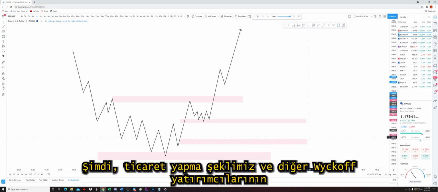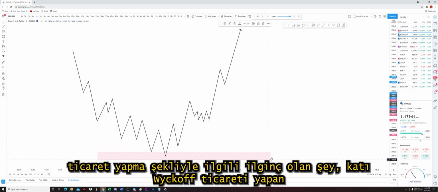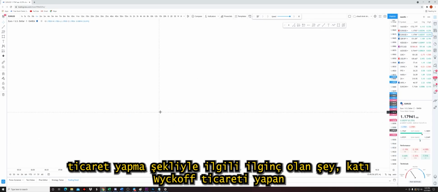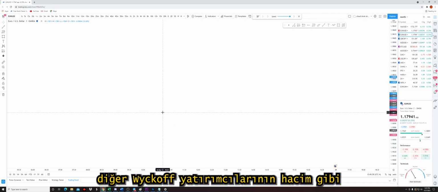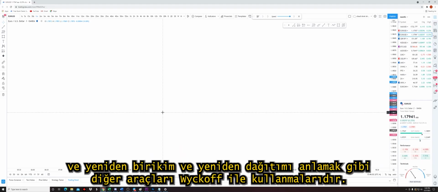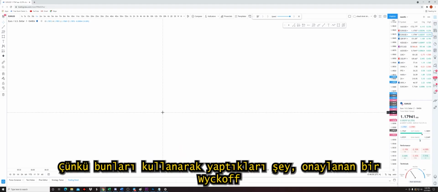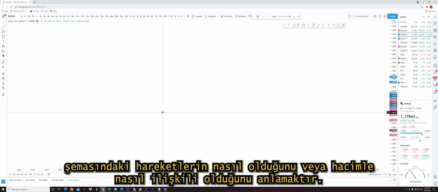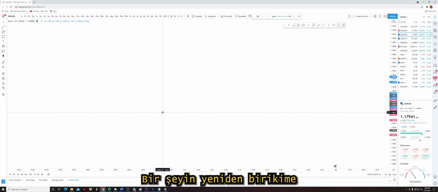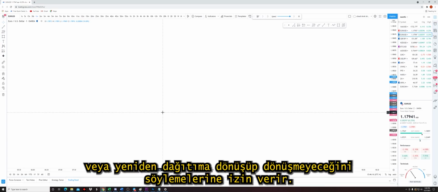Now, what's interesting about the way we trade and the way other Wyckoffians trade is that other Wyckoffians that trade strict Wyckoff use a variety of other tools with Wyckoff, like volume and like understanding reaccumulations and redistributions, because what they do using those is understand how the moves in a Wyckoff schematic being confirmed or correlated with volume allow them to tell whether something might be transforming into a reaccumulation or redistribution.